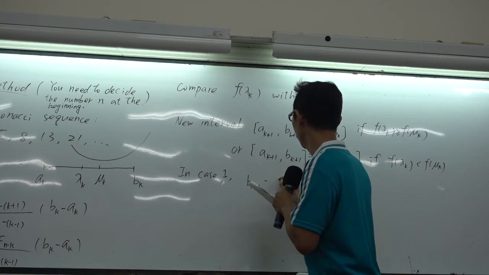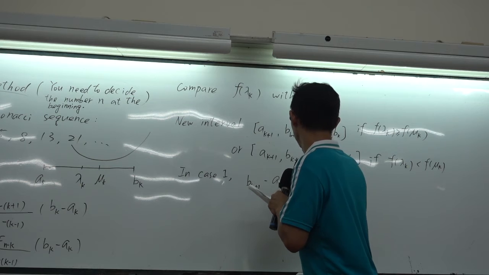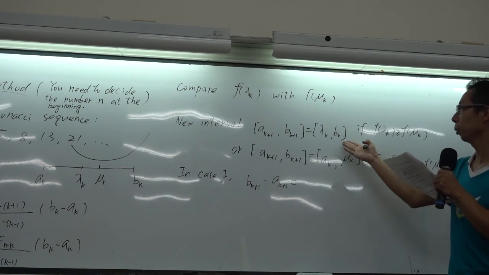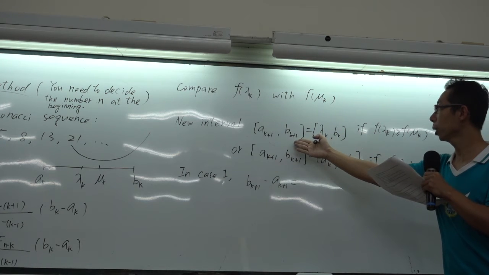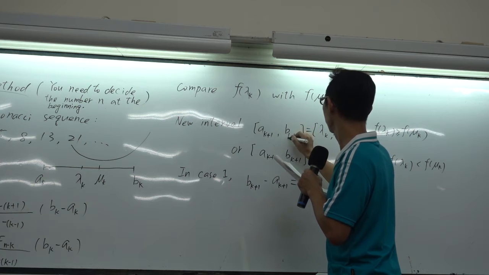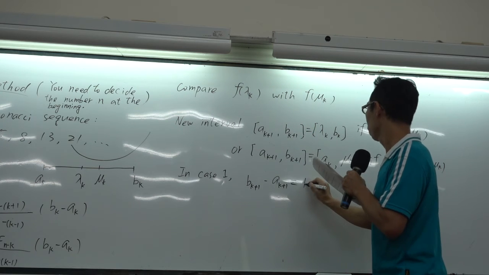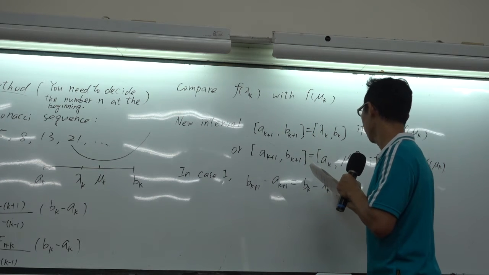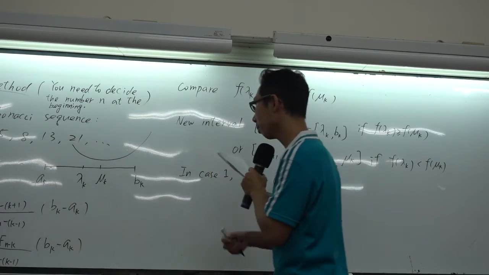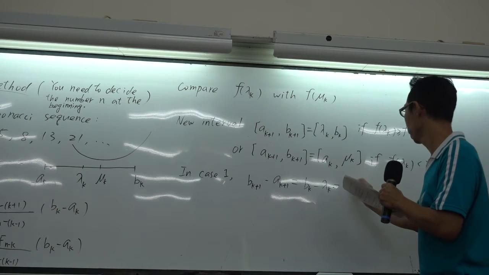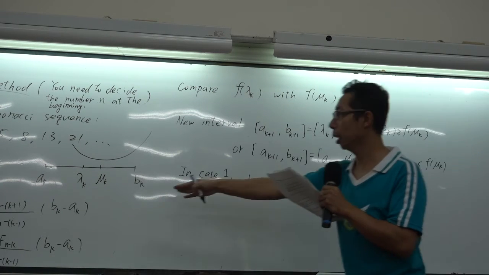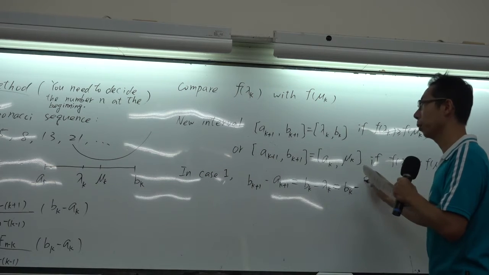We know b k plus 1 is equal to b k minus lambda k. And what is b k minus lambda k? Let's just write it down. It's b k minus lambda k. Okay, so let's write down lambda k.